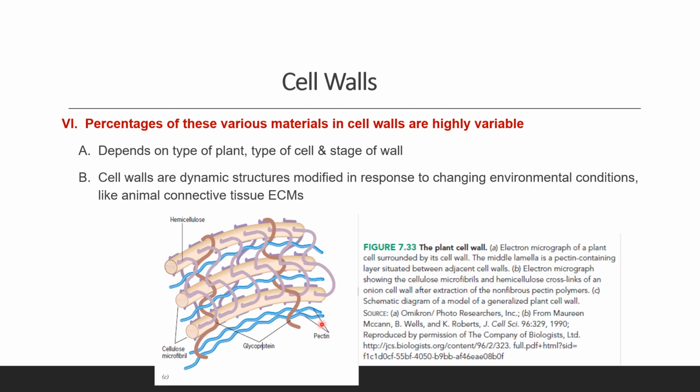You also have the pectin, which is the one in blue. And then you have the strands of glycoproteins, the ones colored in brown. So compared to the number of the pectin and hemicelluloses, and of course the other microfibrils, the glycoproteins are less in number.